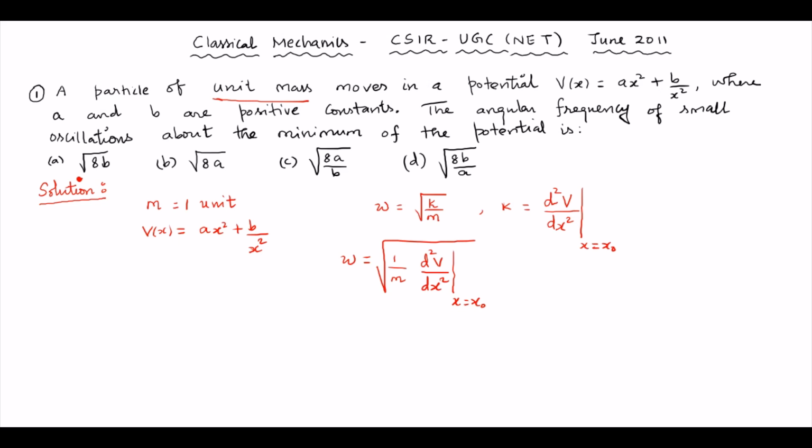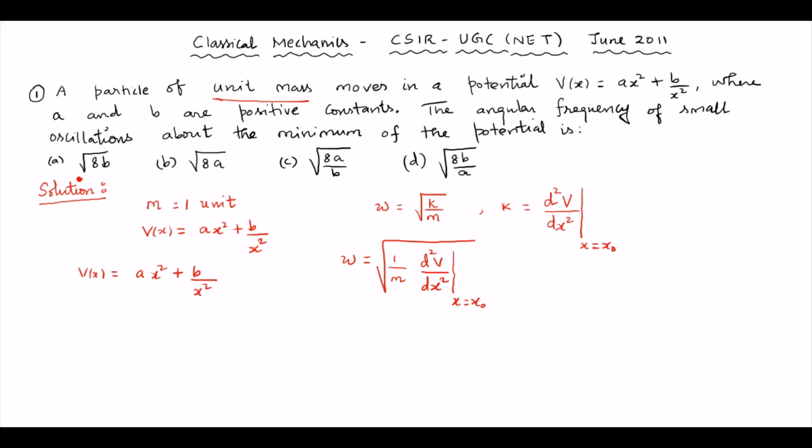Let us first calculate the first derivative of this potential. V of x is equal to ax square plus b by x square.